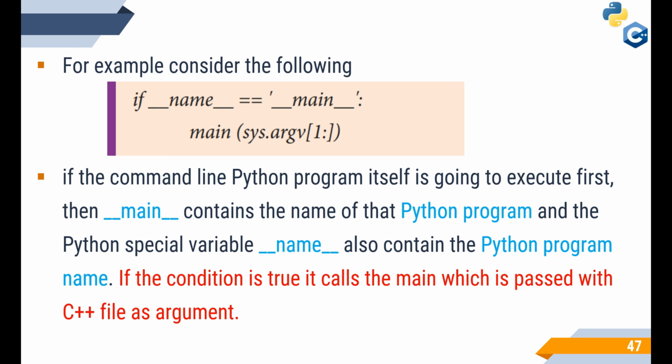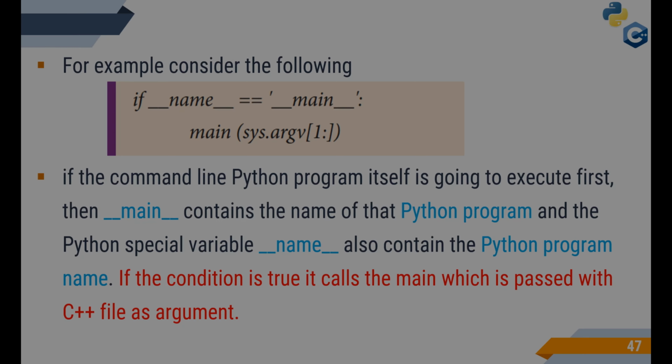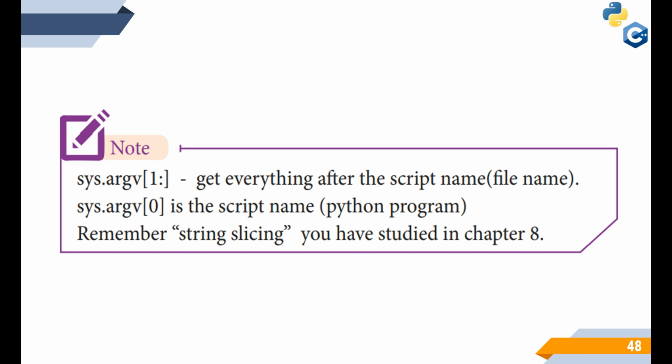If the condition is true, it calls main, which is passed the C++ file as an argument. Now here note that sys.argv[1:] gives everything after the script name. sys.argv[0] is the script name, the Python program. Remember string slicing, you have studied in chapter 8, right?